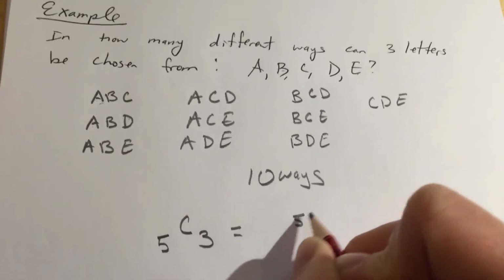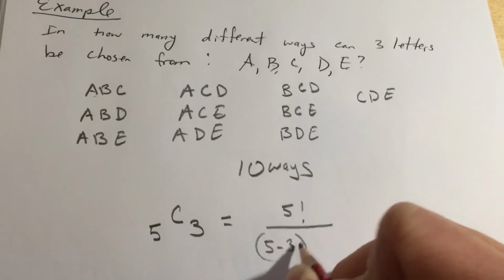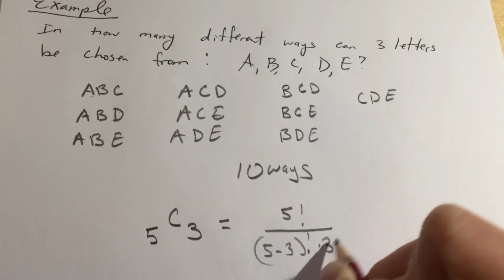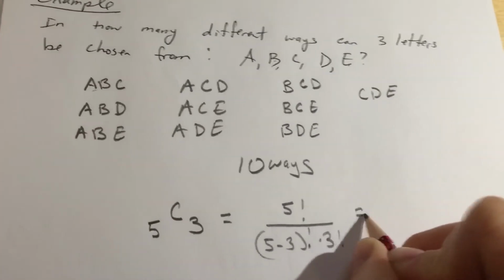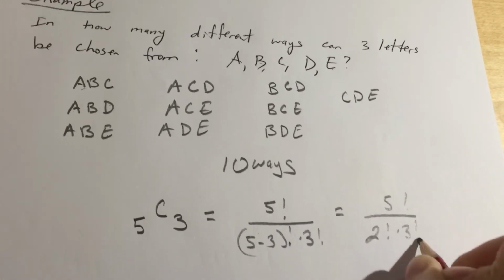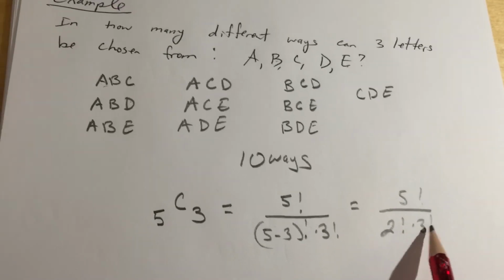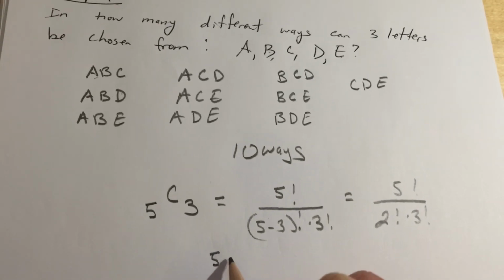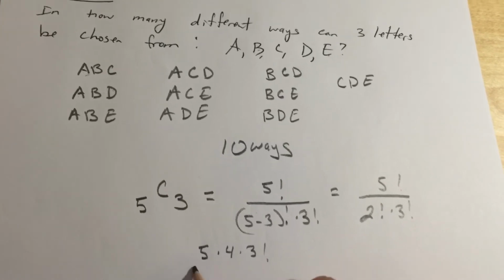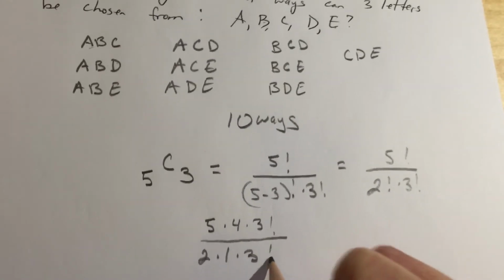which turns out to be 5 factorial all over 5 minus 3 factorial times 3 factorial. So this will be 5 factorial over 2 factorial times 3 factorial. Okay, and 3 factorial is my largest number, so I'm going to say 5 times 4 times 3 factorial over 2 times 1 times 3 factorial.